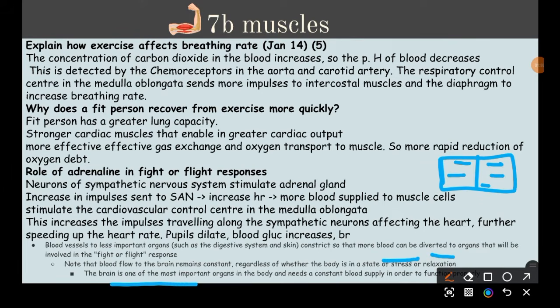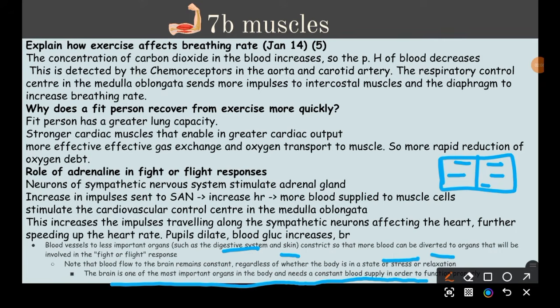It's because the brain is one of the most important organs in the body, and it needs a constant blood supply in order to function properly. And when you are stressed, the blood vessels to less important organs like the digestive system and skin constrict so that more blood can be delivered to organs that will be involved in the fight or flight, such as the muscles.